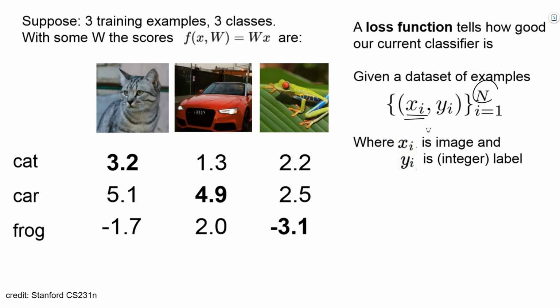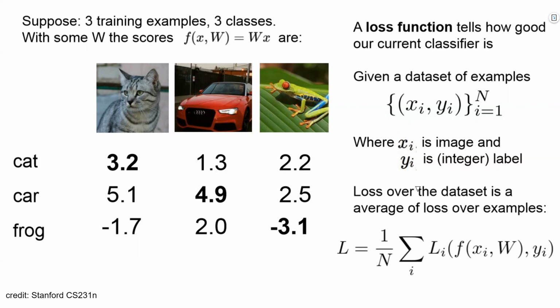Here, x sub i corresponds to the input image, and y sub i is the integer label. So in this example, this is x1, x2, and x3. And y1 could be 1, y2 is going to be 2, y3 is going to be 3.